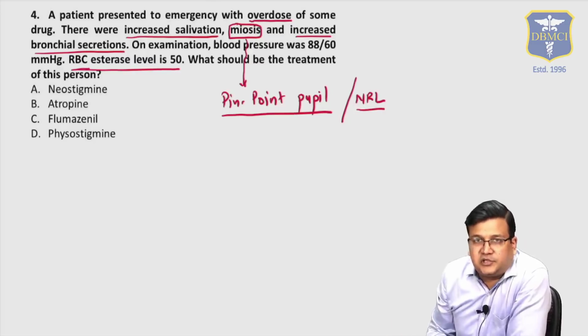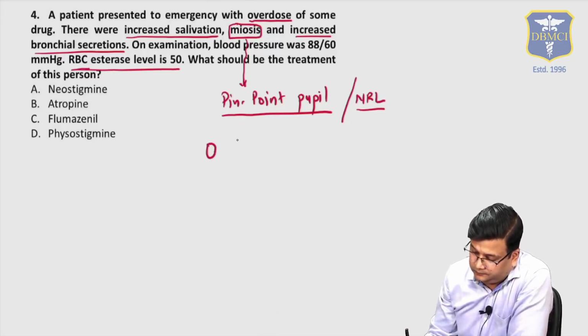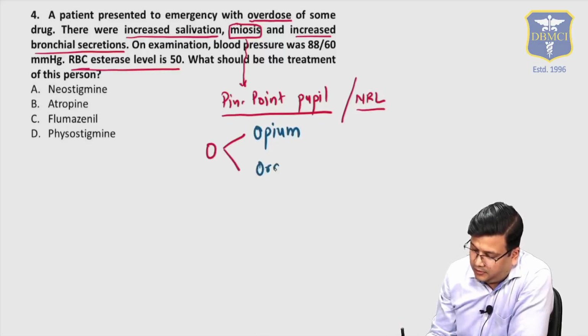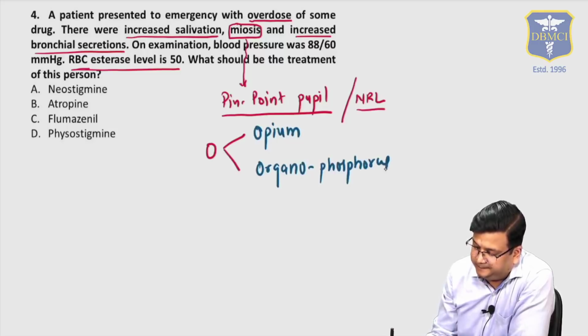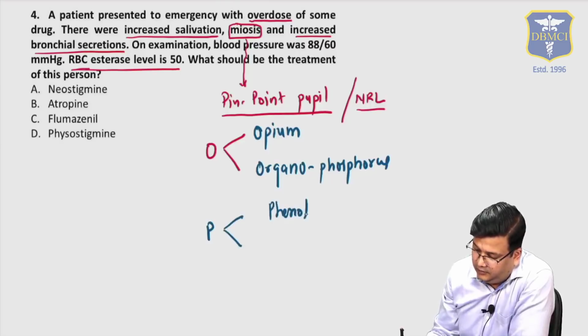The moment this is present in a case, we are looking either at O. O stands for opium or opioid, or organophosphorus, or we are looking at P, which is phenol or pontine hemorrhage.